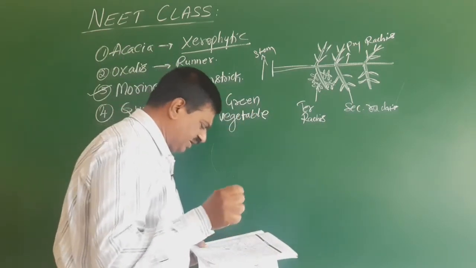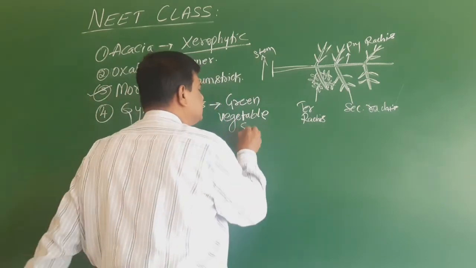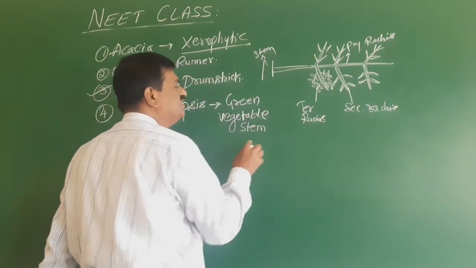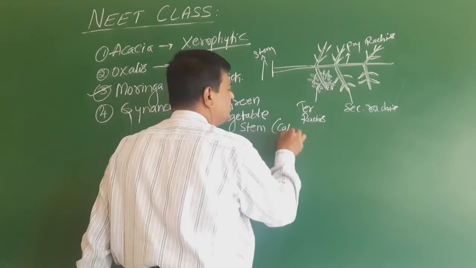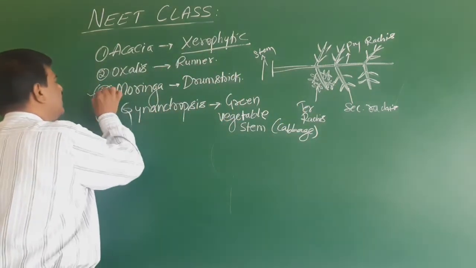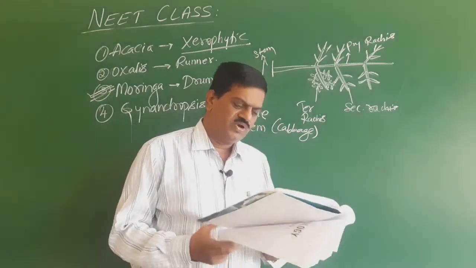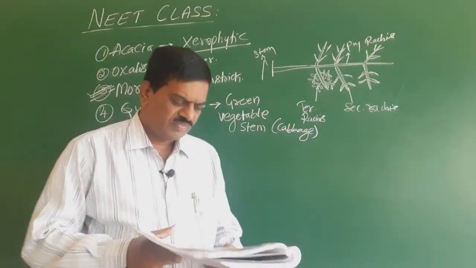So this is nothing but a green vegetable. So one of these is cabbage. So this is not the answer. So the right answer for tripinnate is Moringa. So we go for the next question.